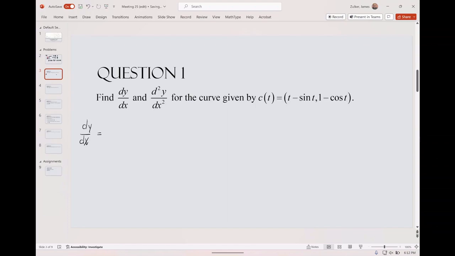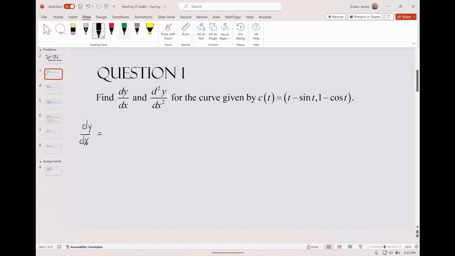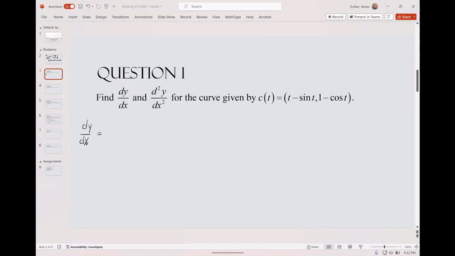And so first dy dx. That term, the 1 minus sine of t, what coordinate is that?